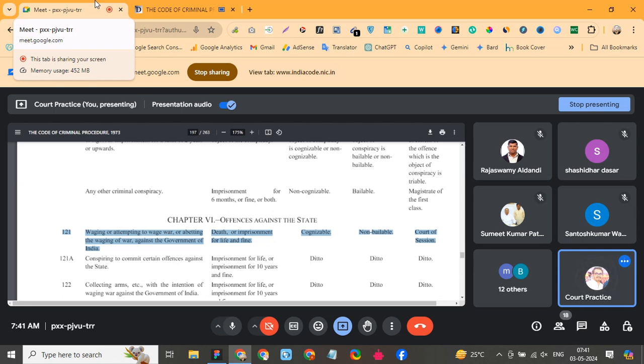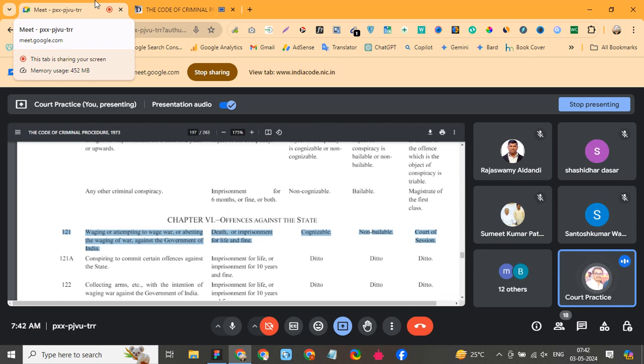They have a right to arrest any person without the permission of the court. All these offenses are serious in nature, because the punishment is more than 2 or 3 years.